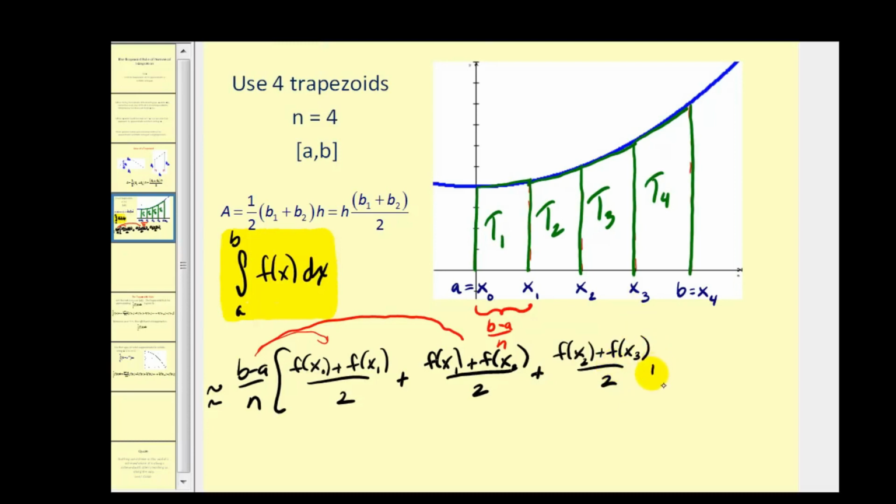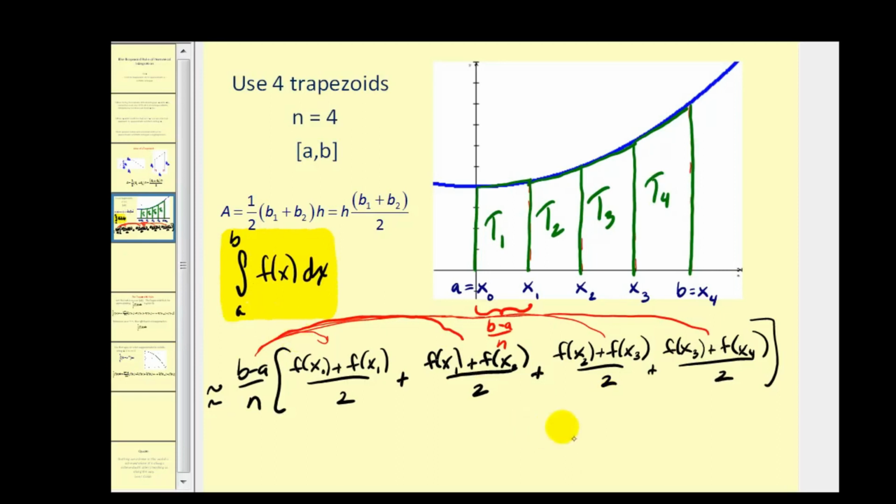And then for the last trapezoid, we have f of x sub 3 plus f of x sub 4 divided by 2. Again, each of these products, when we distribute, represents the area of each of these trapezoids. So when we find the sum of those, that'll approximate the area of this definite integral.